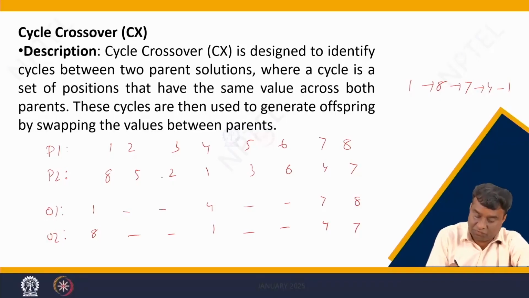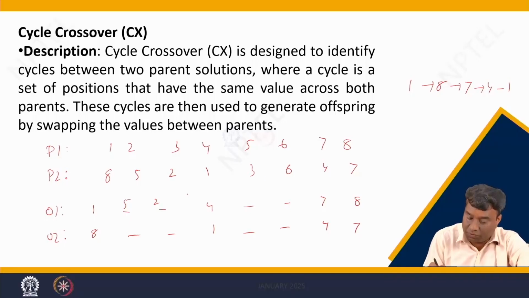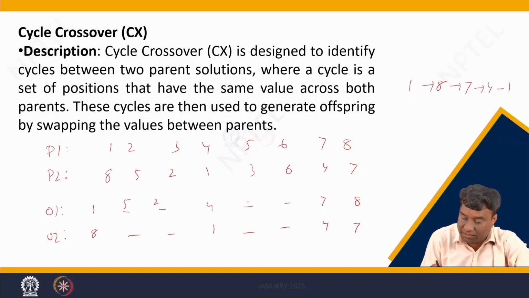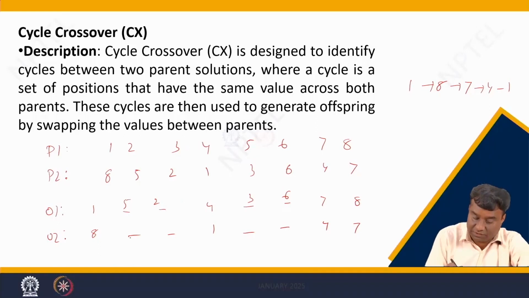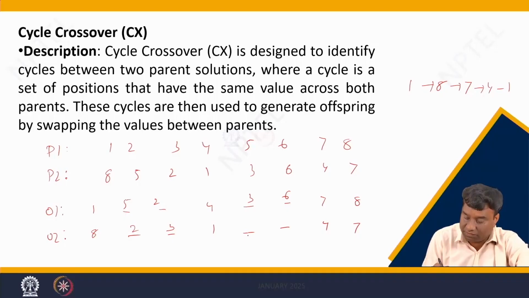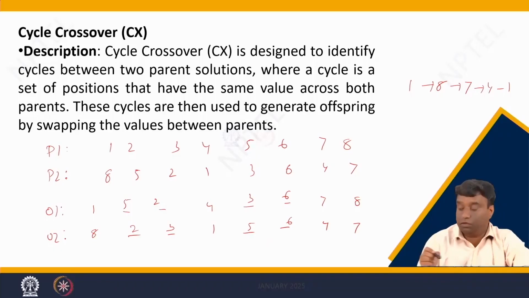Now interchange the rest: 5, 2 should be here, and here 3, 6. So then there is 2, 3 here, then here 5, 6. So this is the cycle crossover.